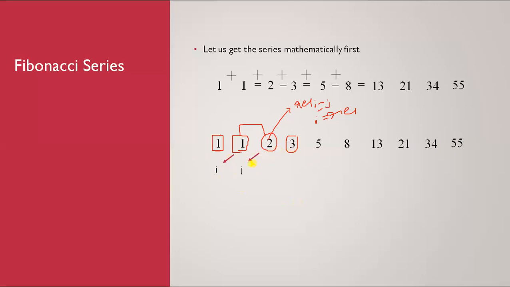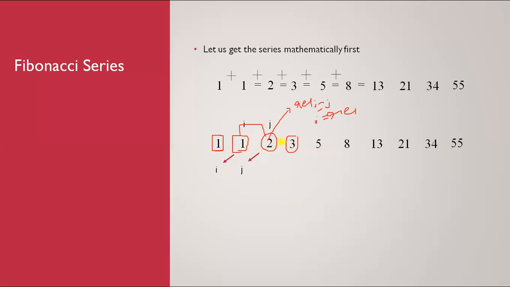After we swap the values between the resultant and J, which will be given to J and I, the I value and J value are now 1 and 2.